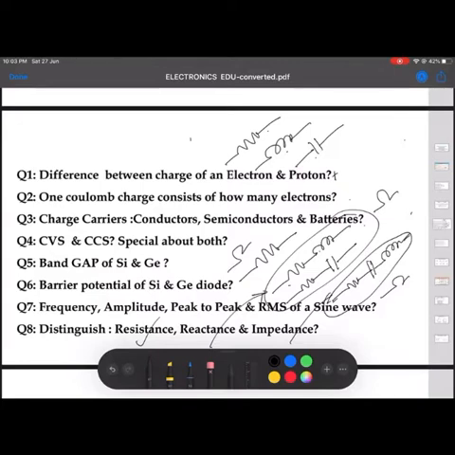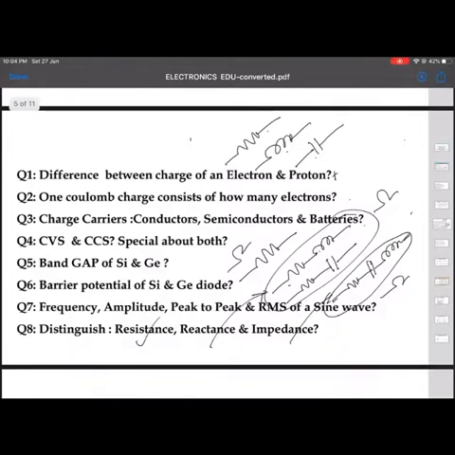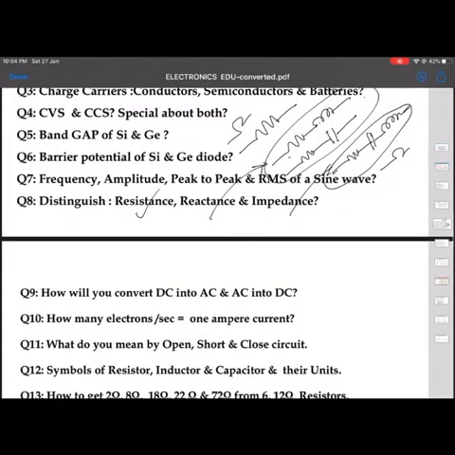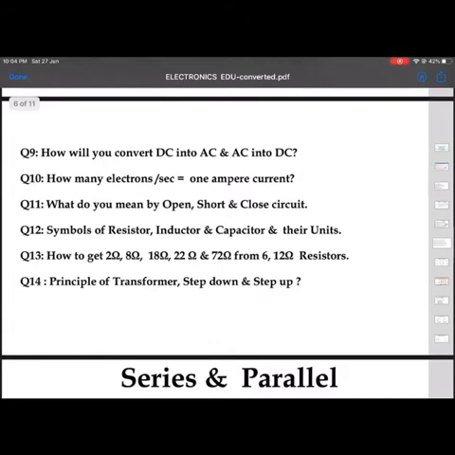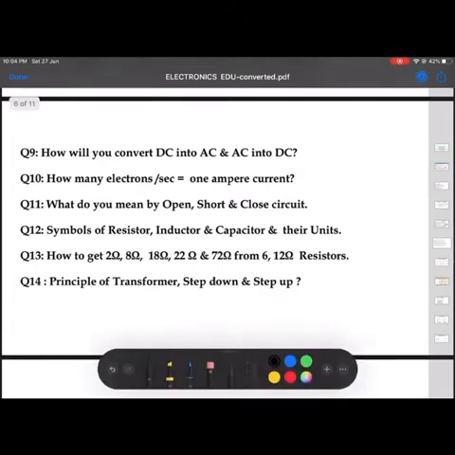When it is a combination of resistor and inductor, or a resistor and a capacitor, it is called reactance. And when it is a combination of all three, we call it impedance. The unit remains the same.